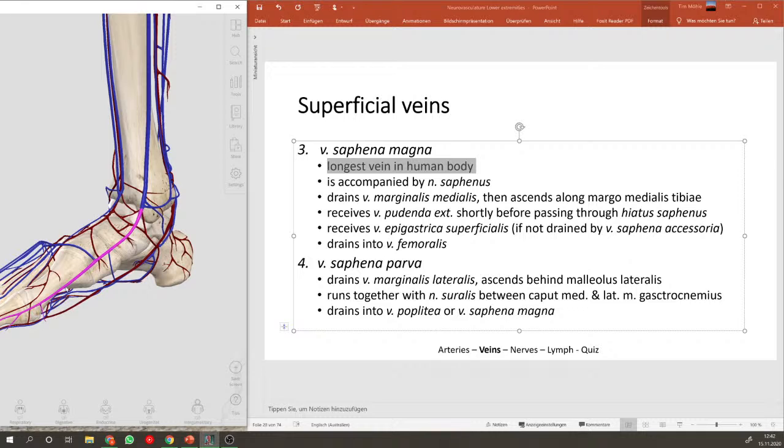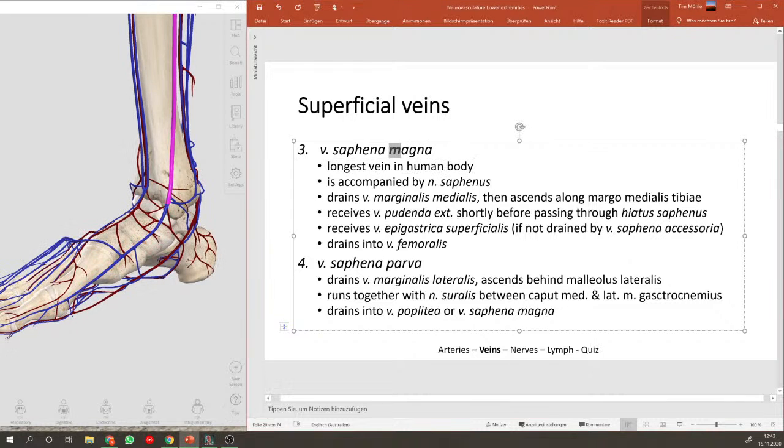So please make this association, vena marginalis medialis and vena saphena magna, because vena saphena parva will originate from vena marginalis lateralis. But I think it's actually nice to remember, because vena saphena magna drains marginalis medialis. So triple M.